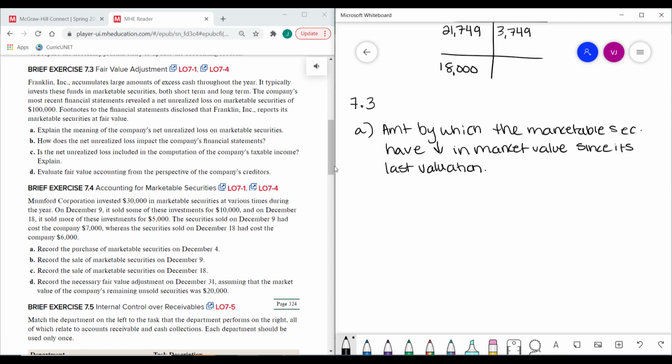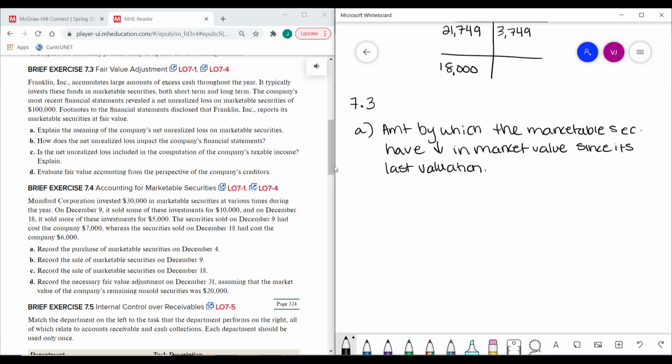Now, if this is just the first year, then it would simply just mean the amount by which the marketable securities have actually, how much their market value has dropped in comparison to their original cost.